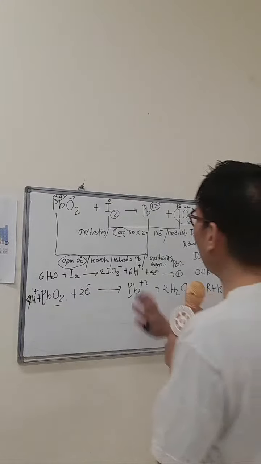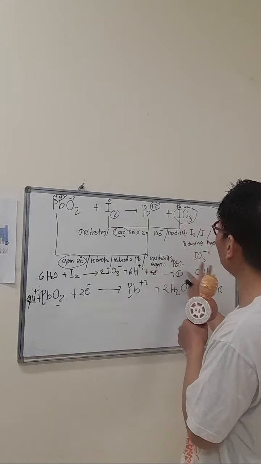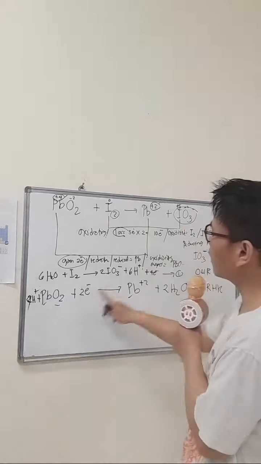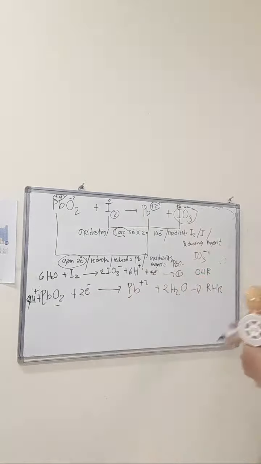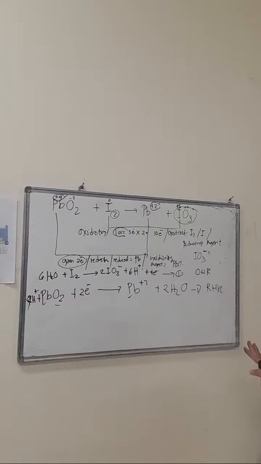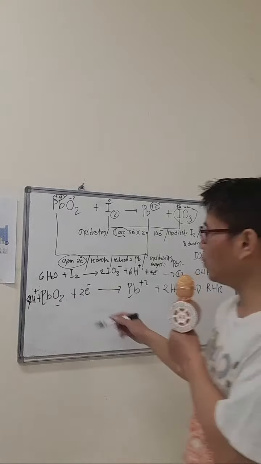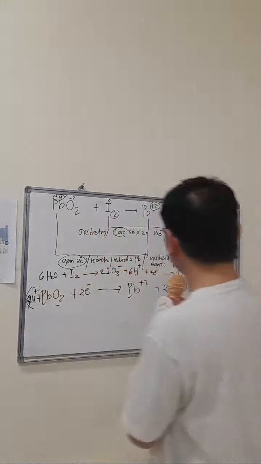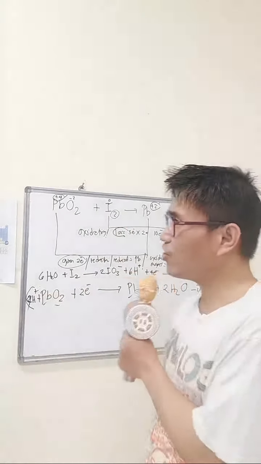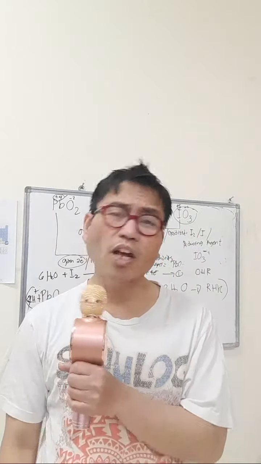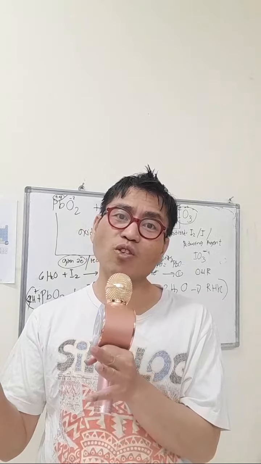So we need to equalize the 4 electrons in the oxidation half reaction to the 2 electrons of the reduction half reaction. So we need to multiply the reduction half reaction by 2. Remember, dear friends, in the final redox equation in acidic solution, no electrons will appear.